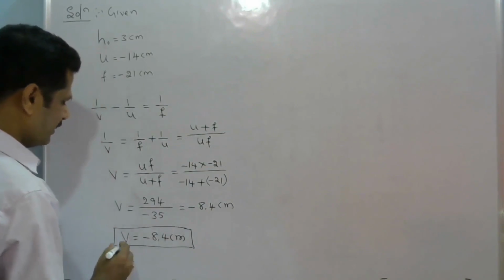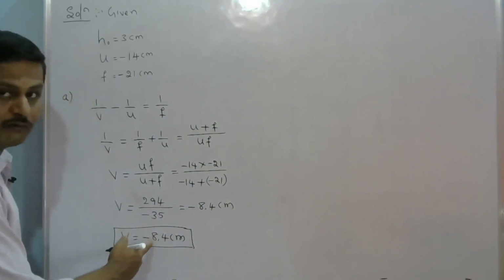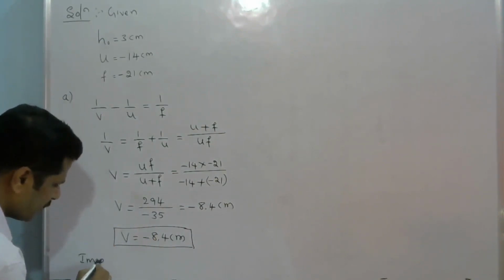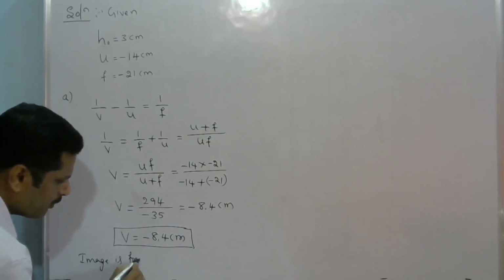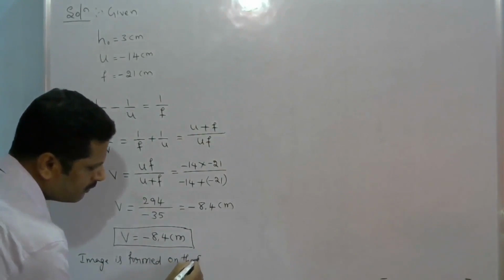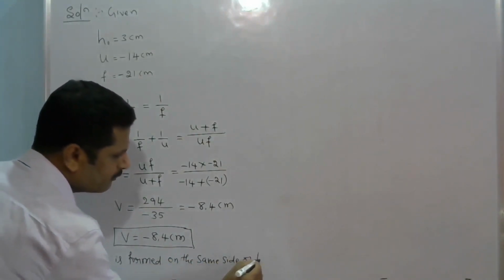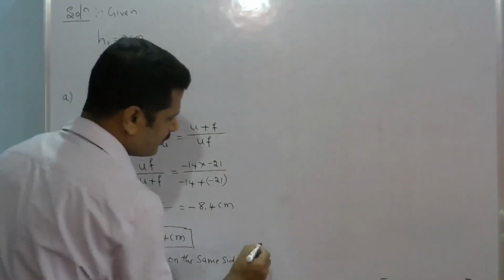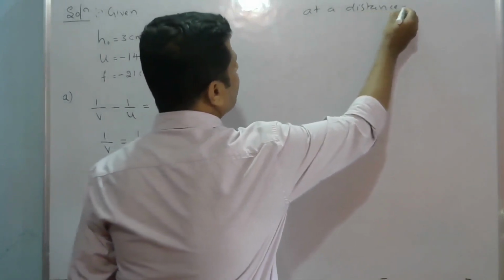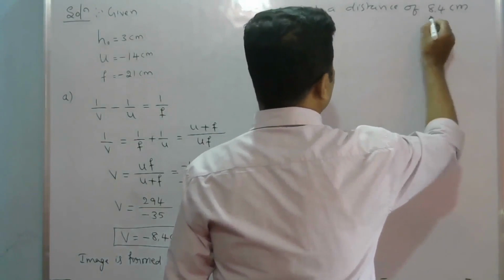By this we can write that the image is formed on the same side of the lens at a distance of 8.4 centimeter.